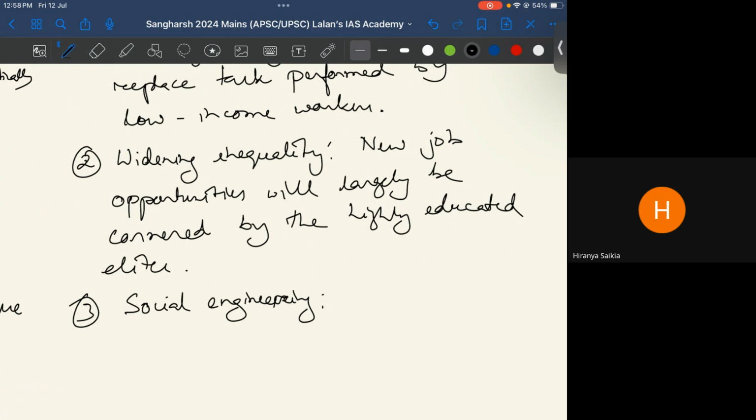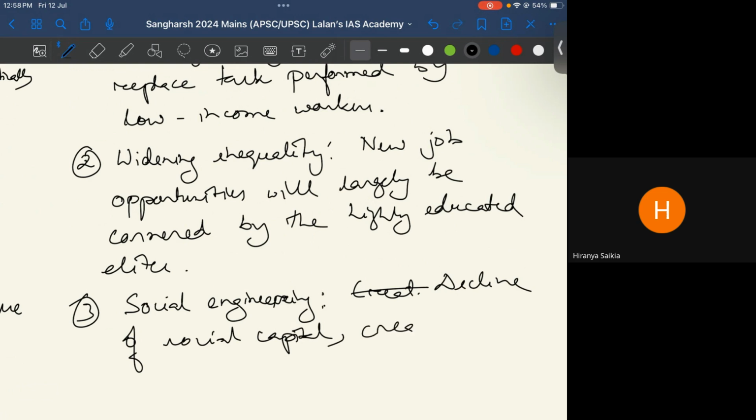you will be able to kind of create social divisions or decline of social capital from a creation of echo chambers. Echo chamber মানে কি, similar sounding voices will be at a similar place. You will not be exposed to new things.